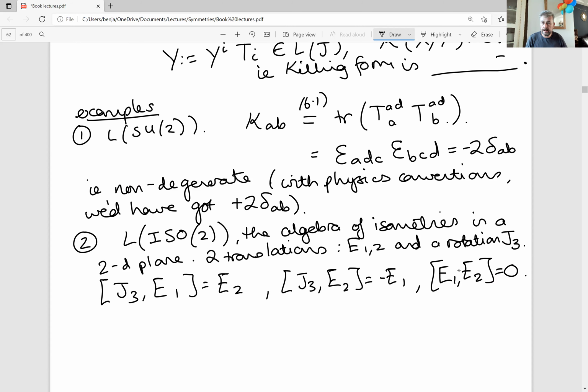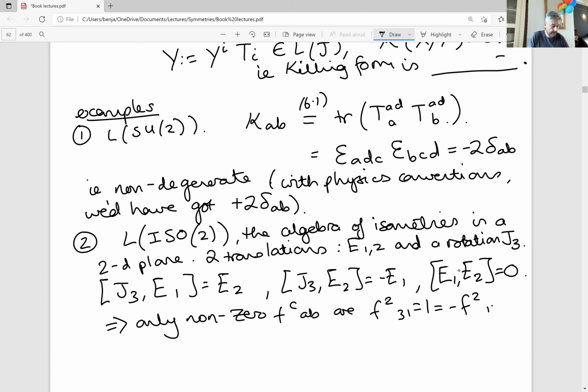So from the Lie algebra, we can read off the structure constants. The only non-zero structure constants are F_231 is 1, is minus F_213, and F_321 is minus 1. This is from the second Lie bracket, which is minus.